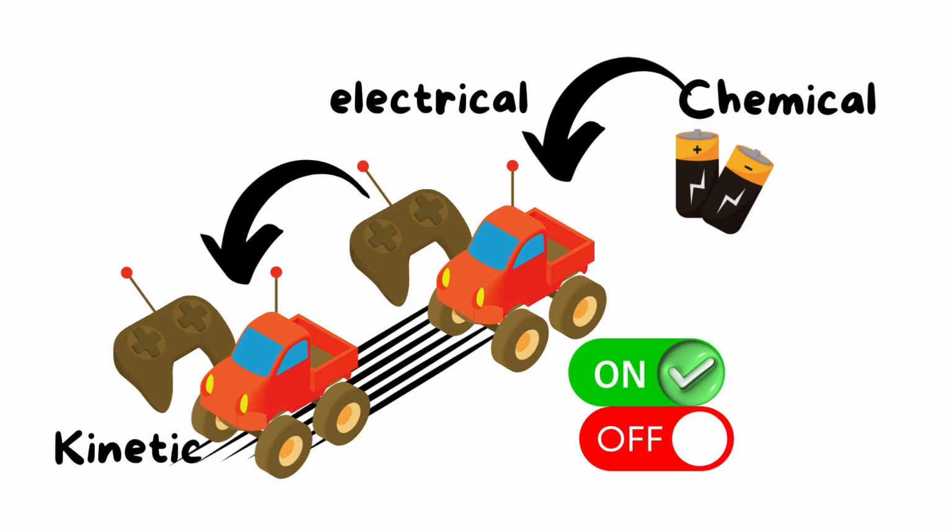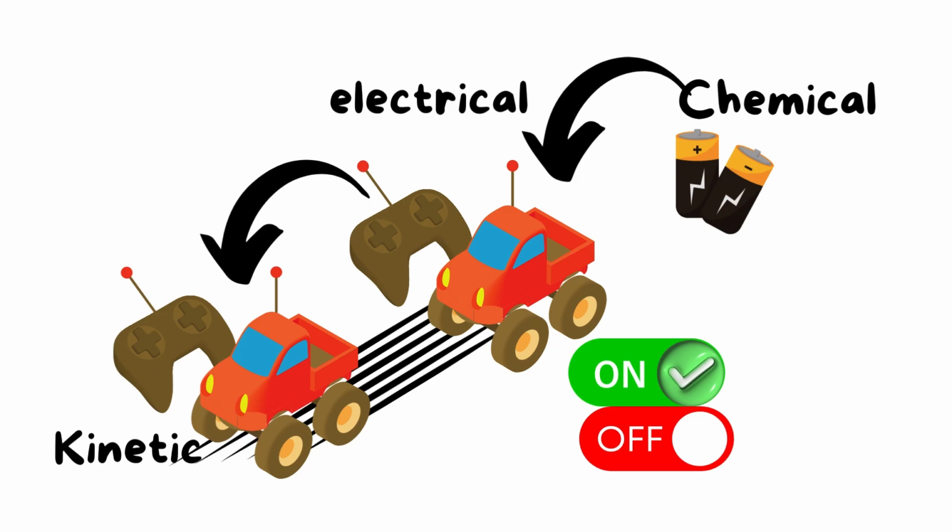The car needs to be operated, and most devices are operated by electrical energy. So here the chemical energy stored in the batteries will convert into electrical energy. Okay, so now we have the car operated. So this electrical energy is converted into which energy that is used to move the car?